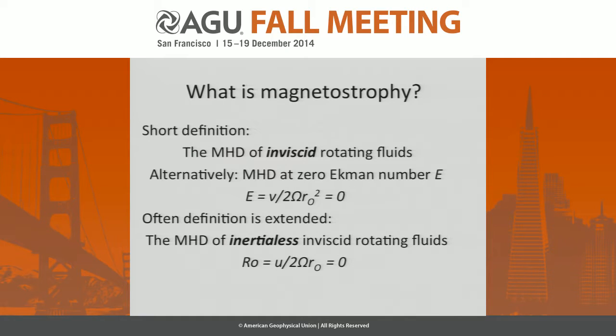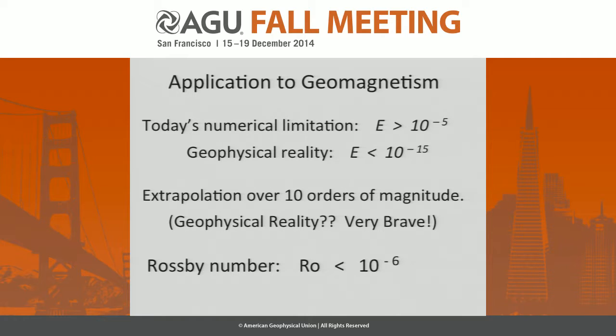So next, I'm applying it to geomagnetism. What is today's, I think you'd probably call it a traditional way of solving the dynamo problem?